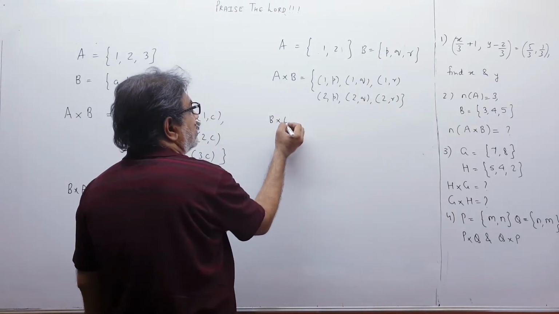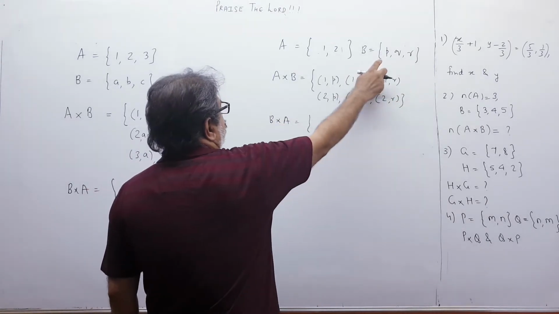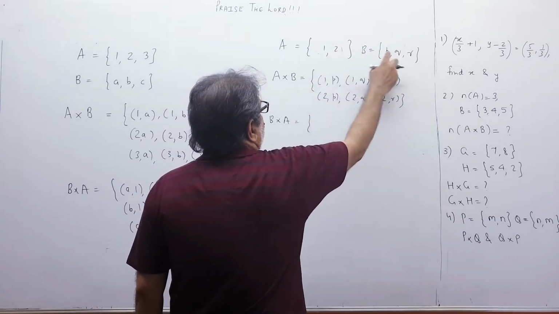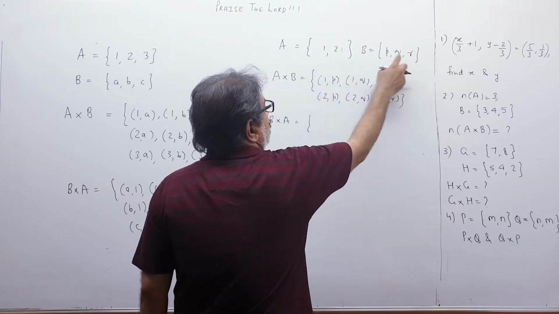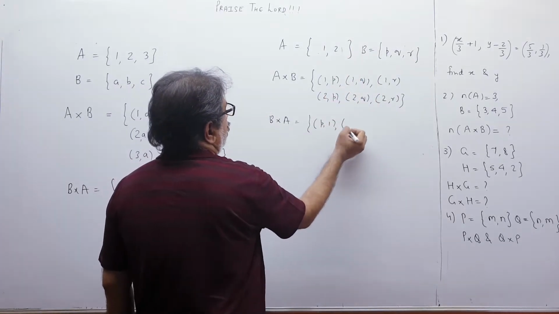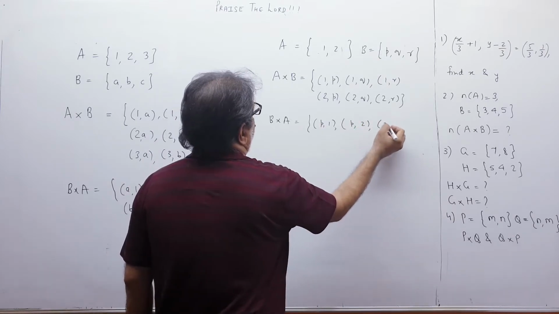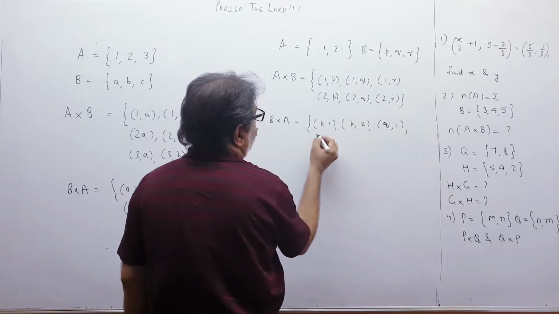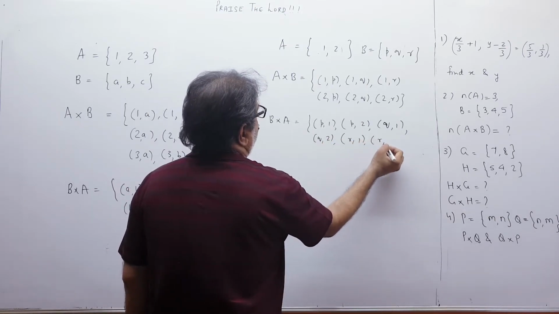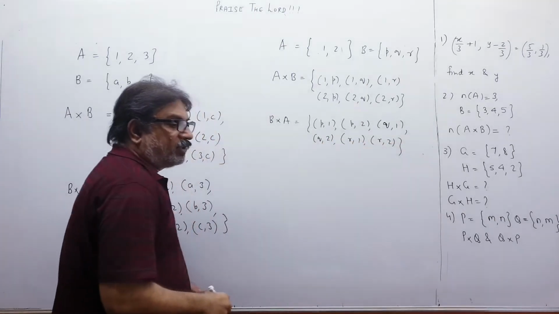What will be B cross A? First B, then A. So (P, 1), (P, 2), (Q, 1), (Q, 2), (R, 1), (R, 2). Like this you think.